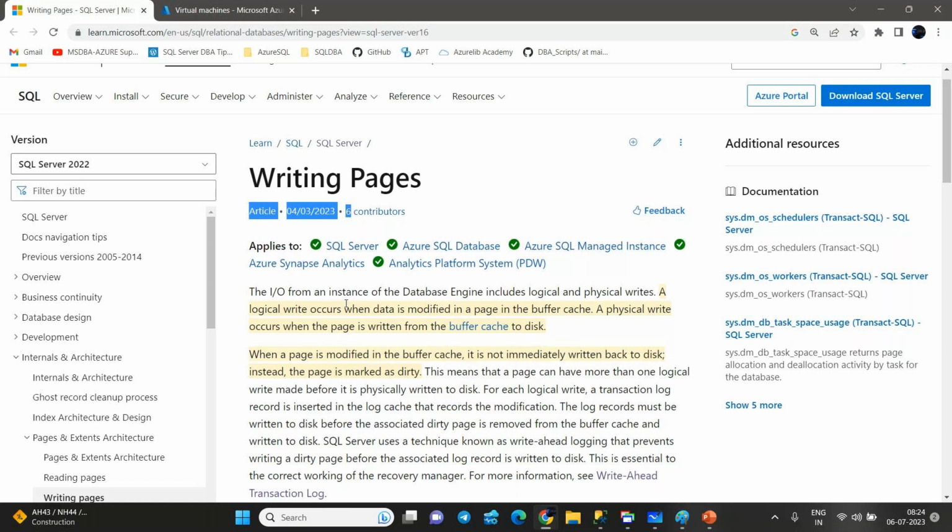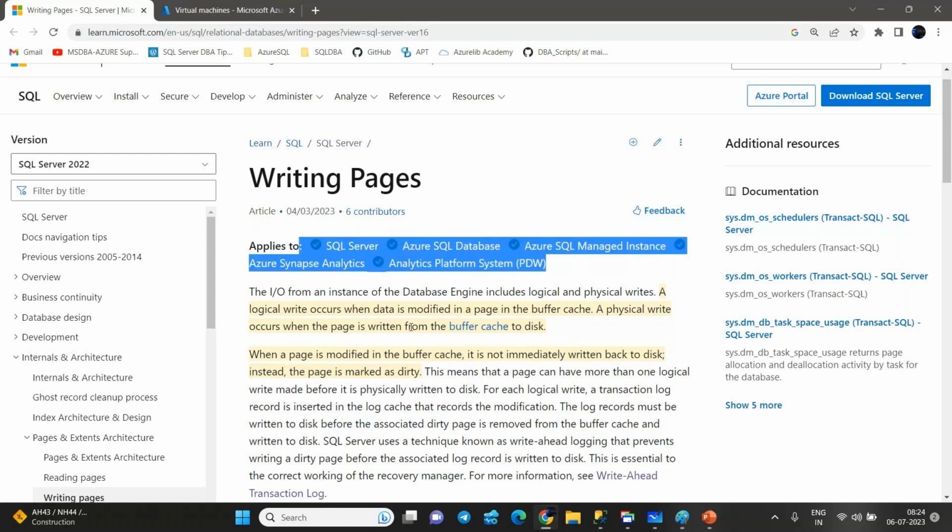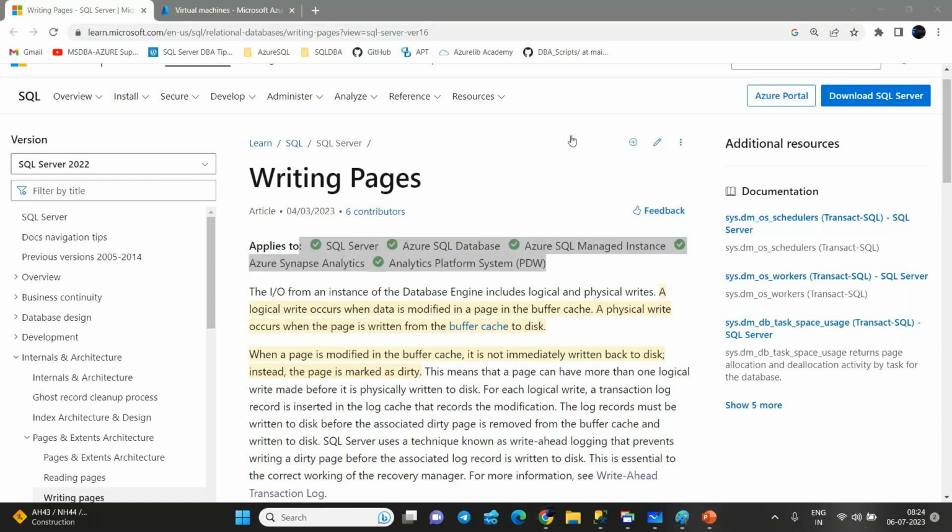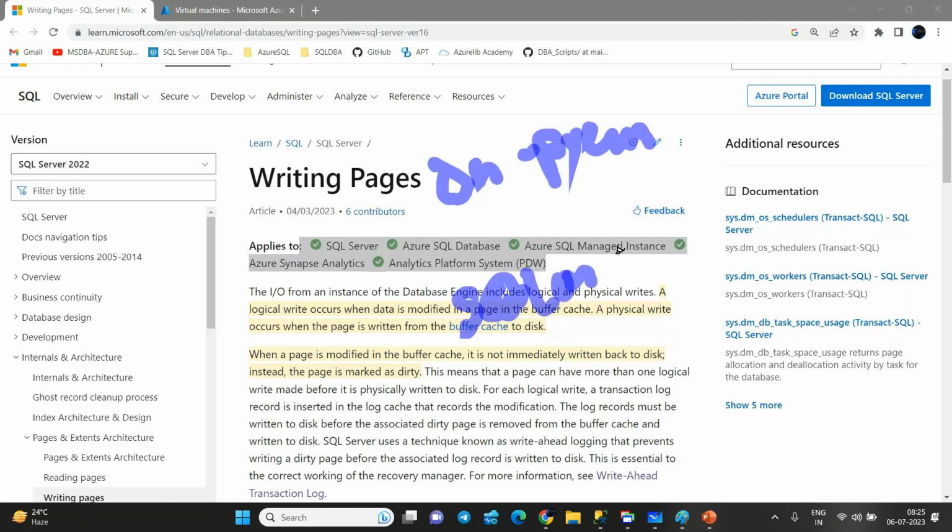One more thing is which platform the article fits. When you see SQL Server, it is completely on-premises, on-prem, or SQL on Azure VM.